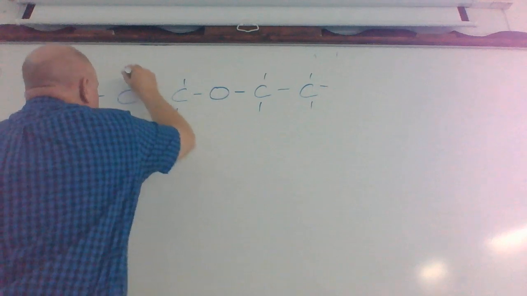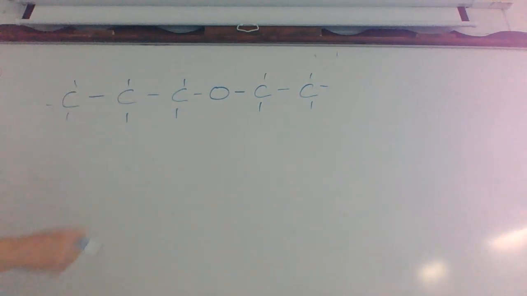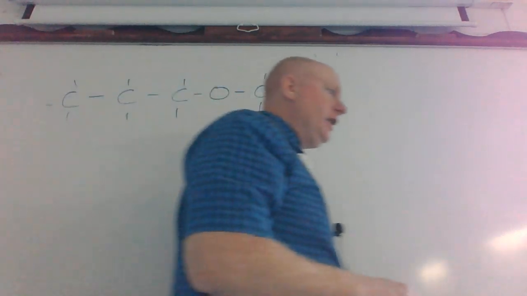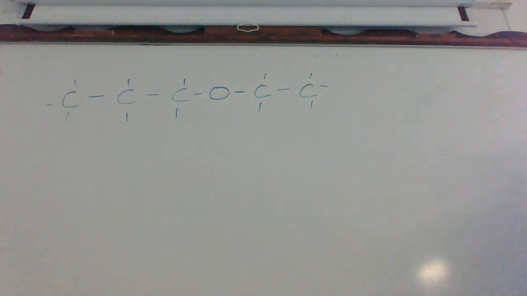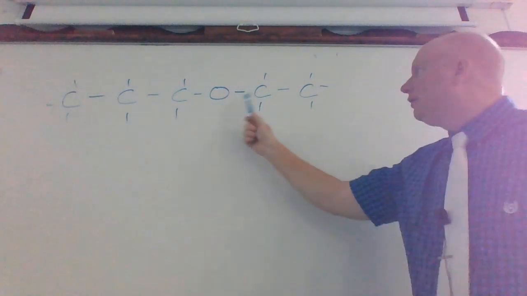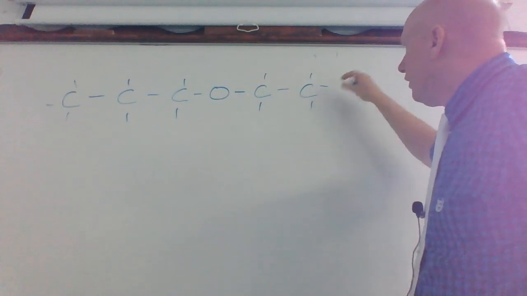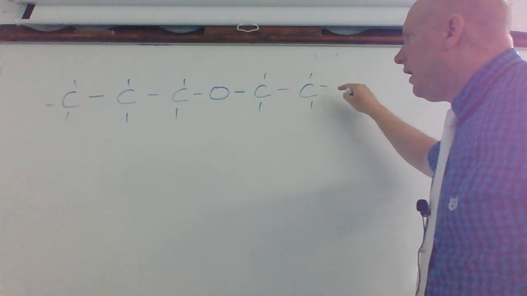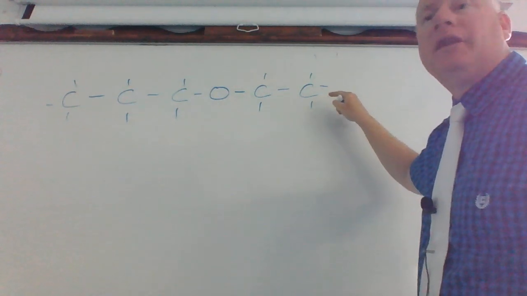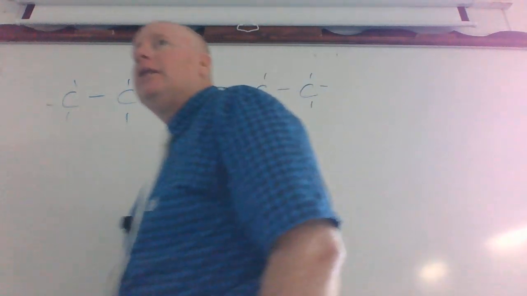They don't necessarily have to have the same number of carbons on each end. You can have one on one side and 7 on the other, just so you have that single bonded oxygen somewhere in the middle. You can't have it on the end, because oxygen would not have enough bonds unless it was double bonded. Yes?